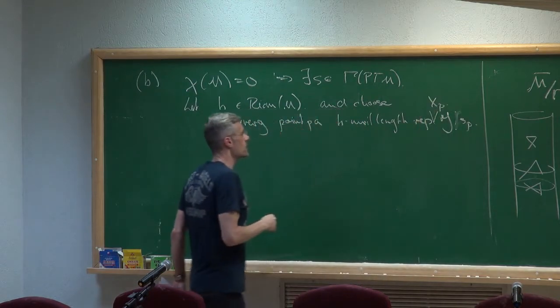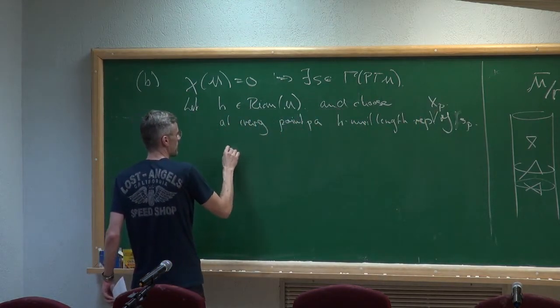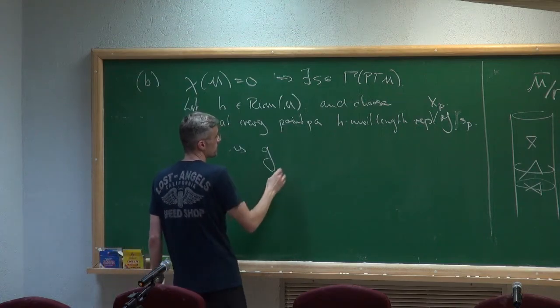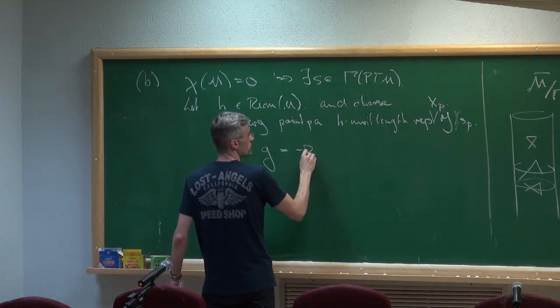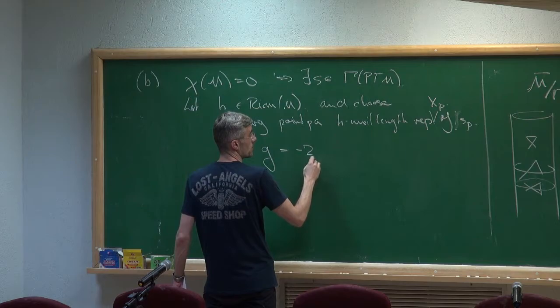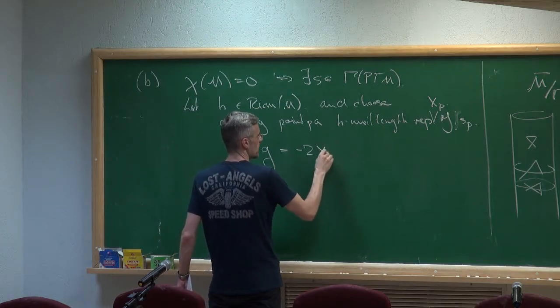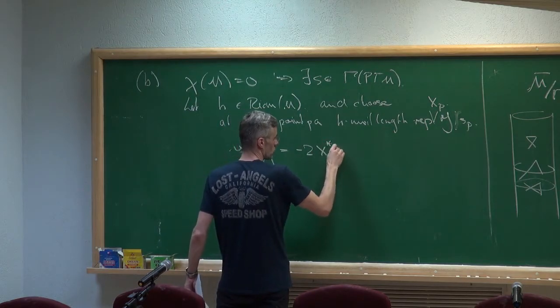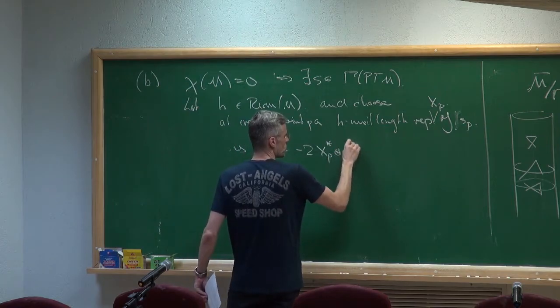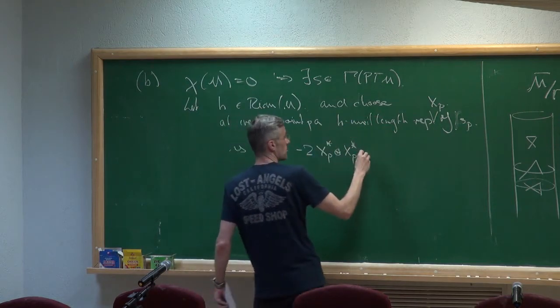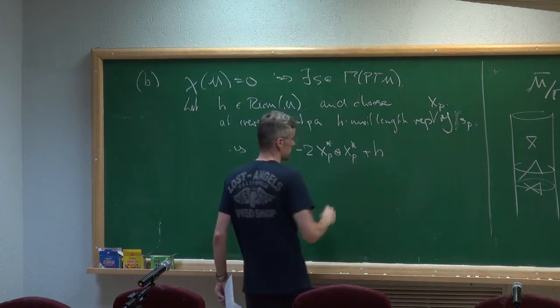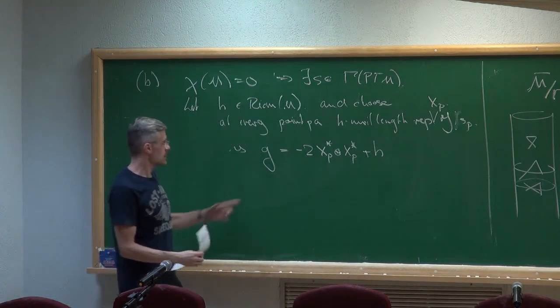And then you define a Lorentzian metric G as simply minus 2 times X_P unit dual, the dual covector to this vector field, tensor itself, plus H. This is Lorentzian.